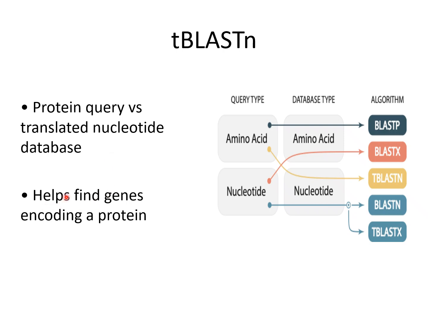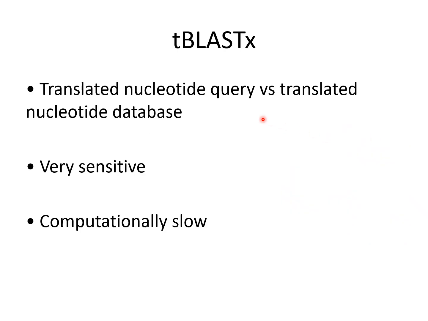TBLASTN generally helps to find genes encoding a protein. This is the use of TBLASTN. Here is a diagrammatic form about the different types of BLAST. I have discussed the different types of BLAST in picture format. So now we'll move to the next slide, which is TBLASTX.